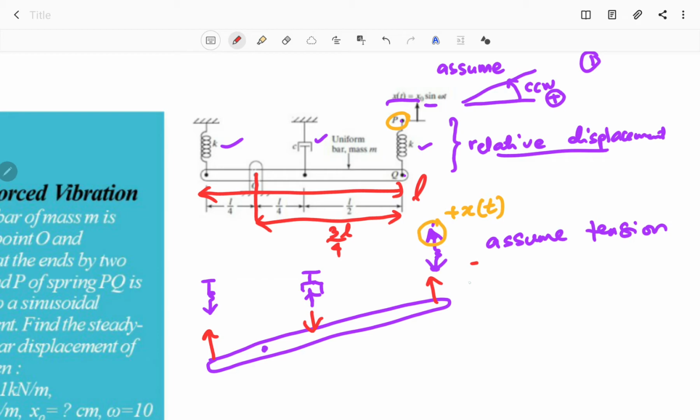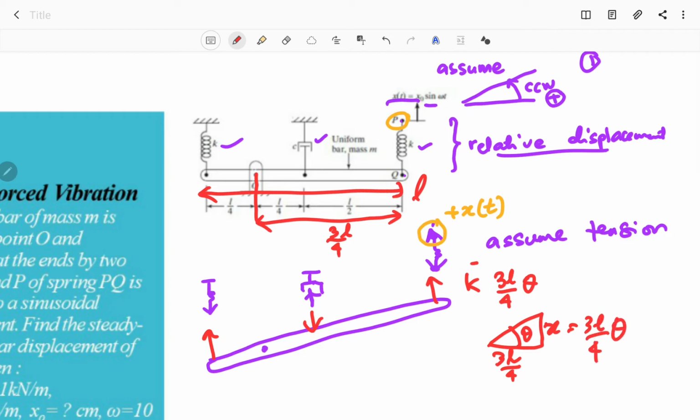Basically, this is supposed to be Kx, but your x you have to write in terms of relative displacement. So you have to write K, supposed to be x, but it's actually 3L over 4. If you remember the concept in terms of small triangle, where you have here 3L over 4, and then you have your theta, so your x is equal to 3L over 4 theta.